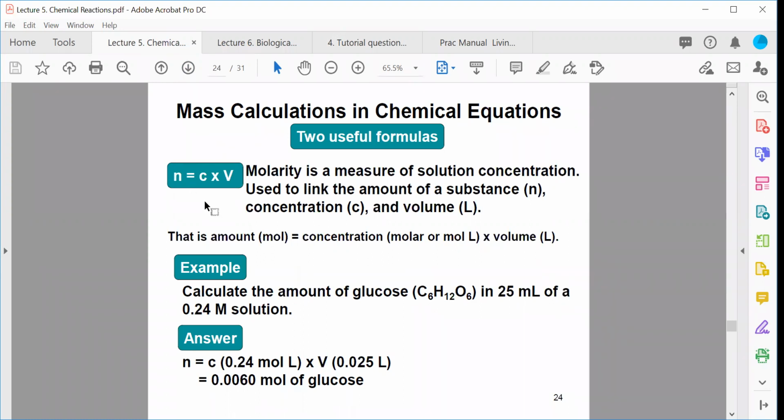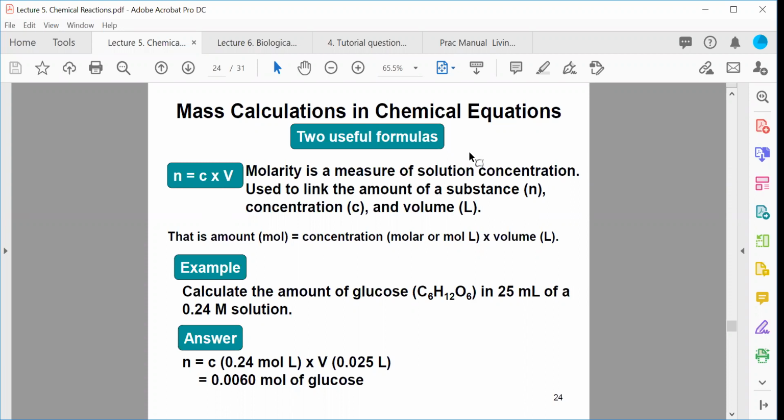And so what do we mean by molarity? Molarity is simply a measure of solution concentration. So we're all familiar with that term concentration. So percentage can be a concentration. Volume per volume, weight per volume can be a concentration. Molarity is just another type of concentration.